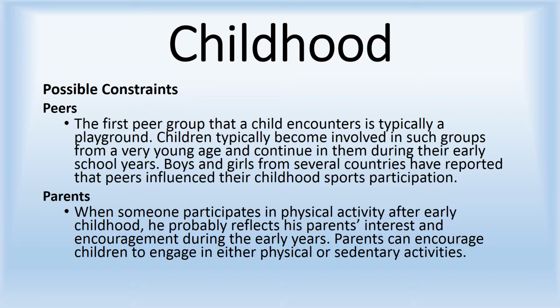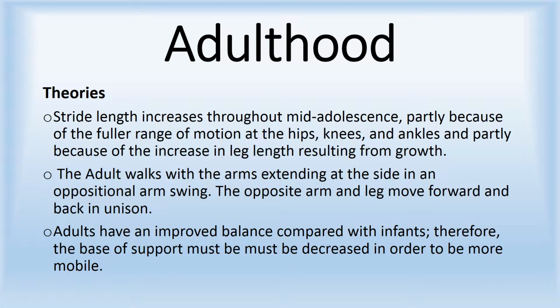Moving on to adulthood, the adult stride length has increased throughout mid-adolescence, partly because of the fuller range of motion at the hips, knees, and ankles, and partly because of the increase in leg length resulting from growth.